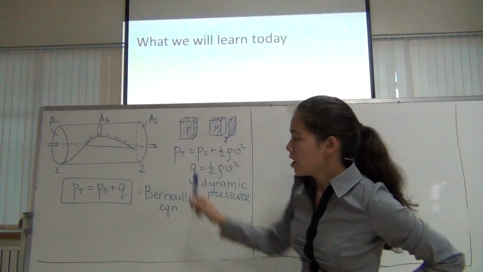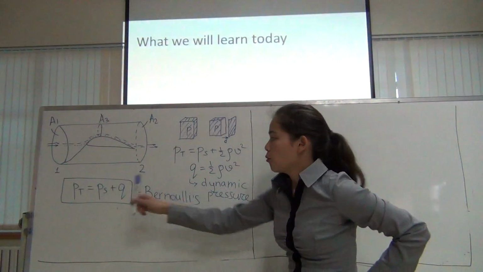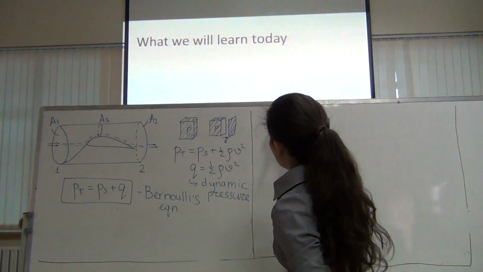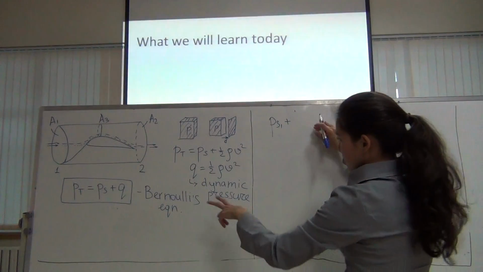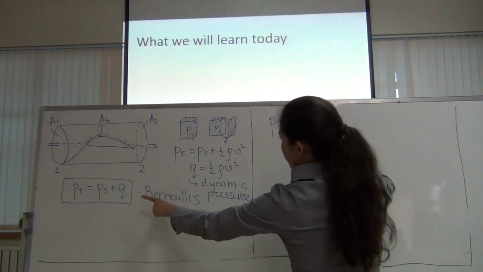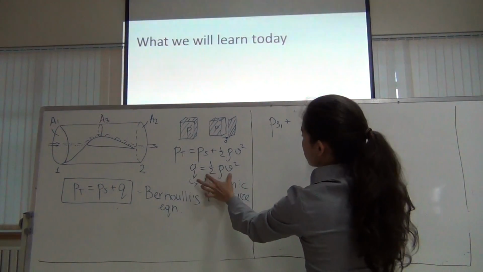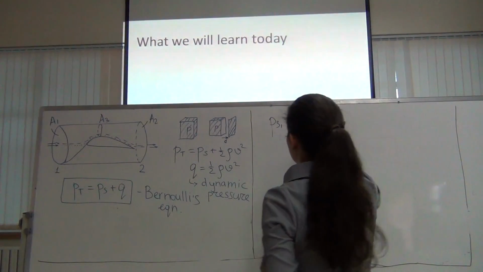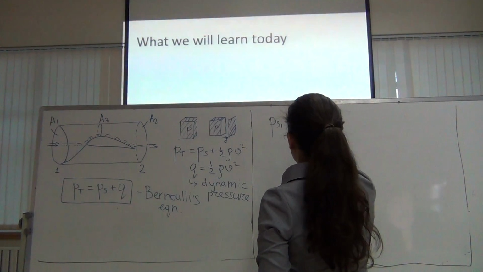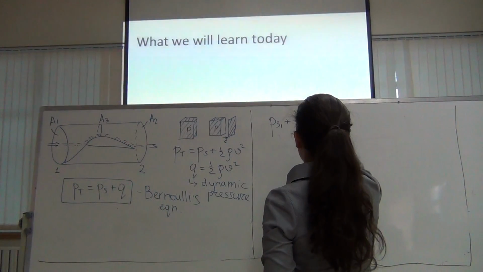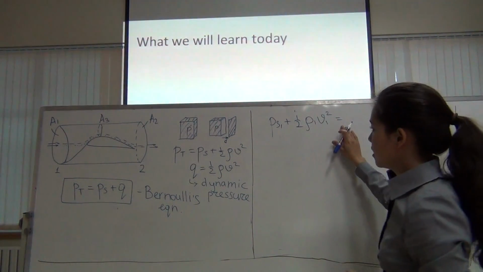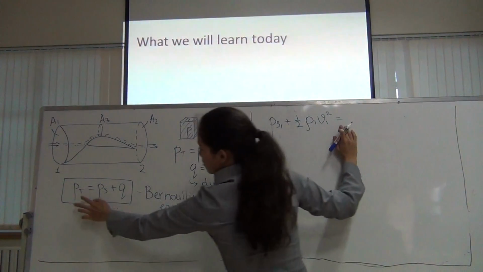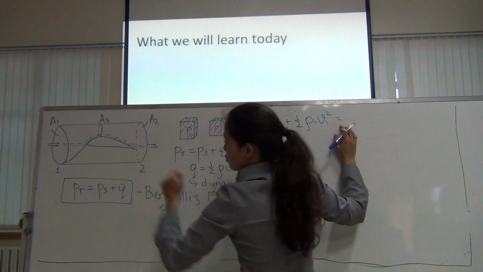But for inlet 1, we will get P static 1, static pressure at inlet 1, plus dynamic pressure at inlet 1. But let's substitute the expression for dynamic pressure. It will give us 1/2 of rho 1 v1 squared. And this should be equal to total pressure, which is still equal inside the wind tunnel.